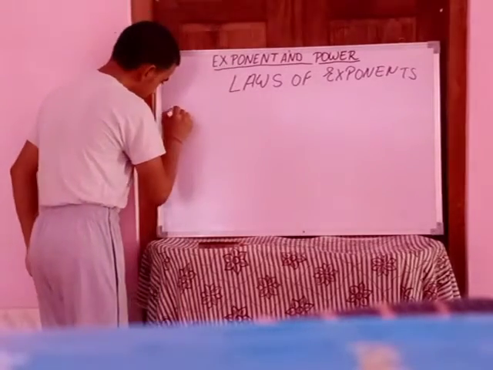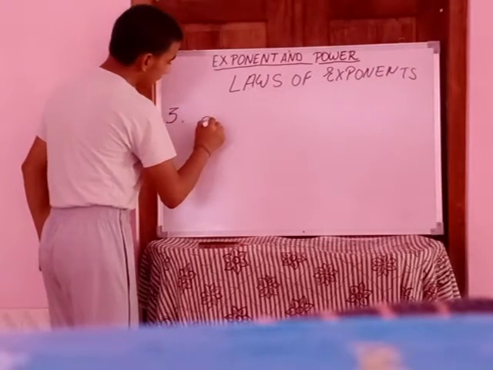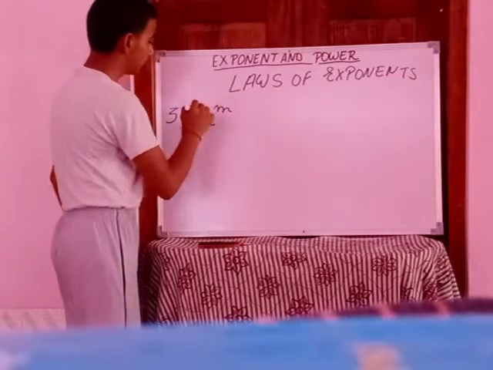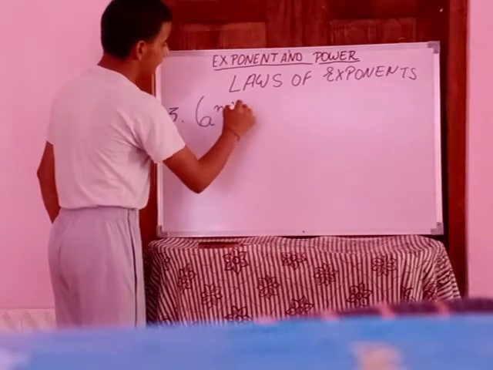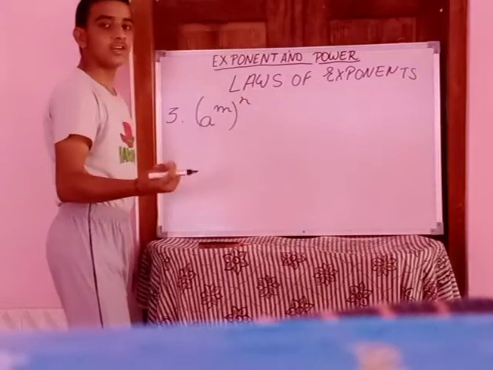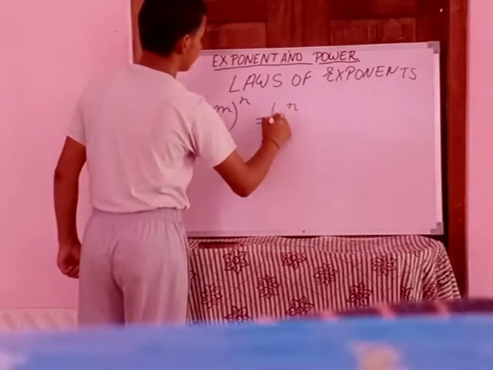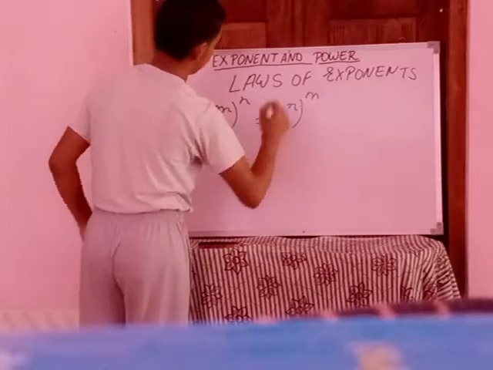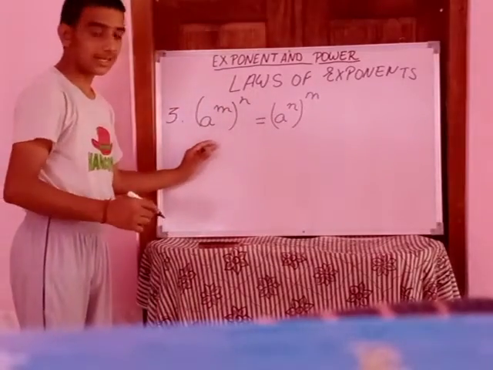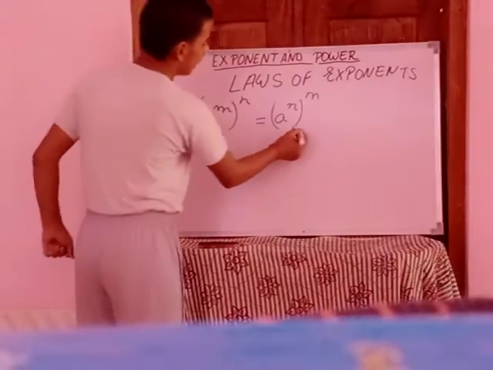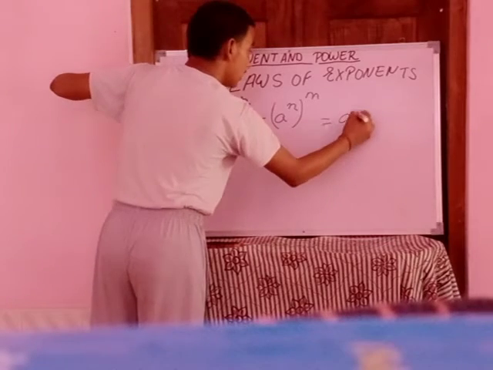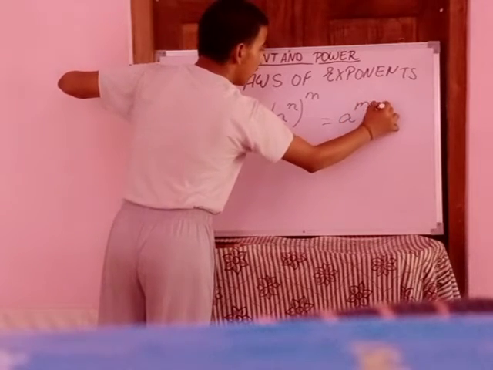Our third law says, if a raised to the power m whole raised to the power n, we can write it in two ways: a raised to the power m into n, and a raised to the power n whole raised to the power m.